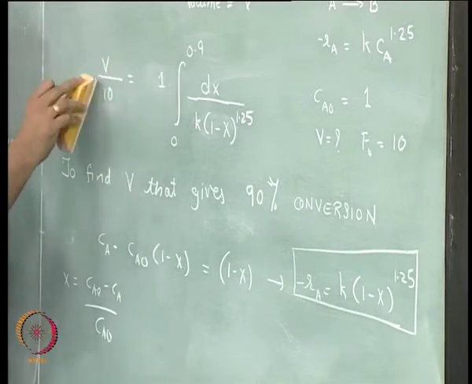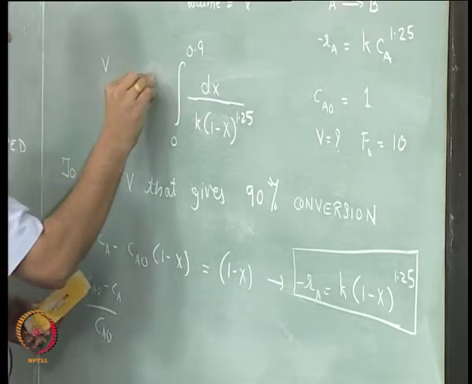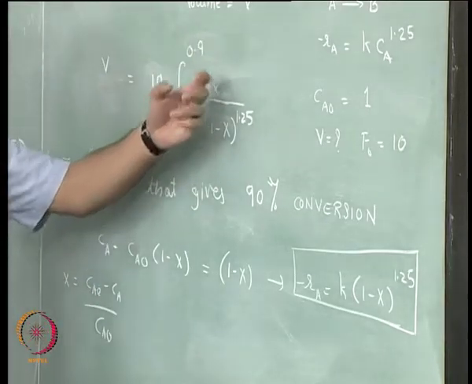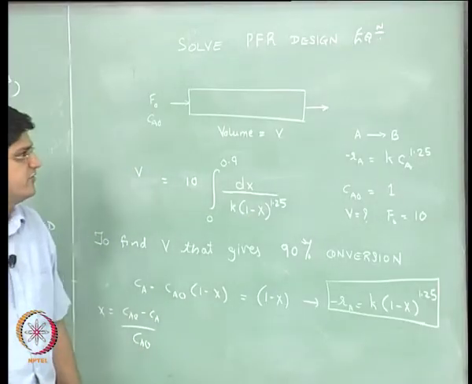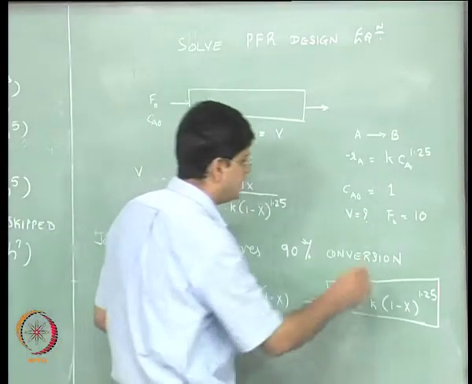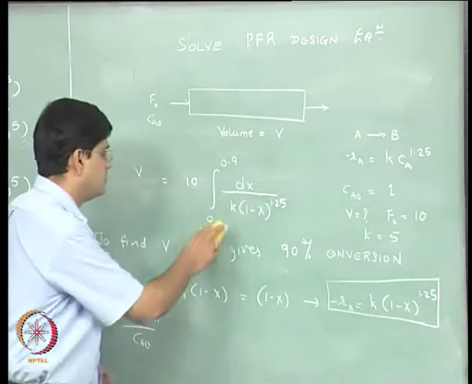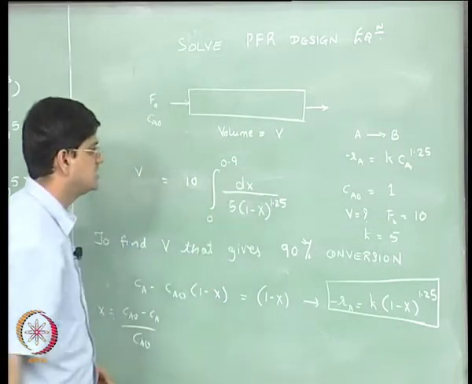We will take 10 on to the other side, so we will get V equal to 10 times integral from 0 to 0.9 dx divided by K (1 minus x) to the power 1.25, and let us arbitrarily take the value of K as 5. So we will substitute that value also over here.